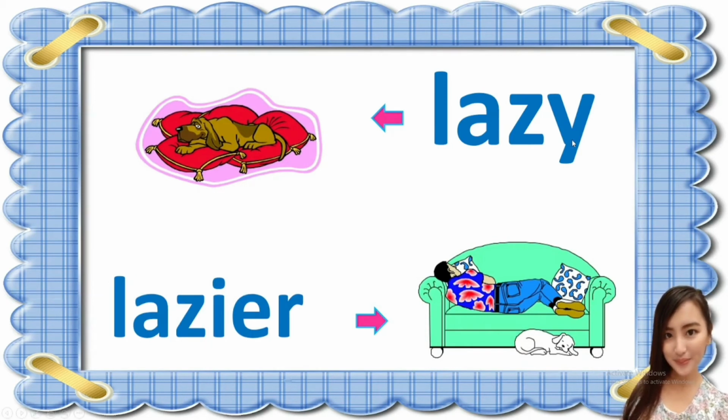So this adjective ends with Y, so we need to change Y to I plus ER. So lazy becomes lazier for the comparative form.